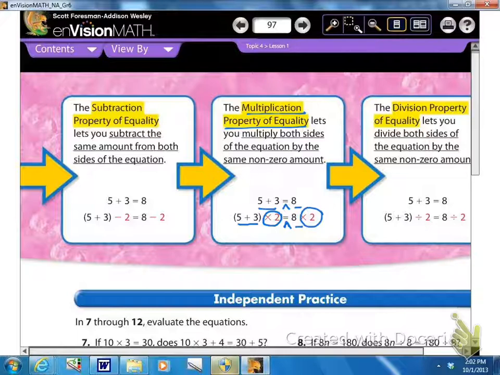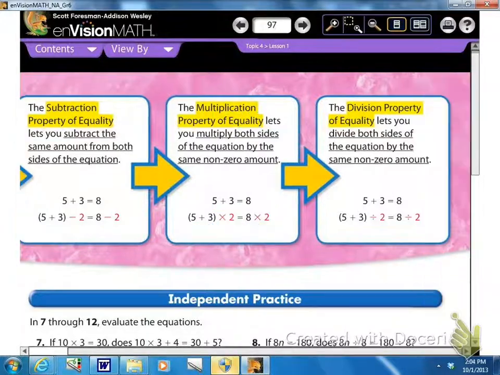I multiplied by 2 also. So basically 8 times 2 over here and 8 times 2 over here, both are going to be 16. I can multiply by 10, I can multiply by 70, 77, however much. As long as I do the same thing on the left side as I do on the right side, the sides will be balanced and they will be equal.